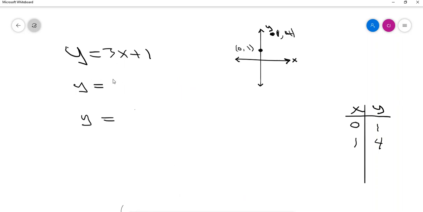So 3 times -1 plus 1. 3 times -1 is -3 plus 1 is going to give me a -2. Y is -2. So when x is -1, y is -2. Okay. So -1, -2, I can plot. I can go -1, -2.